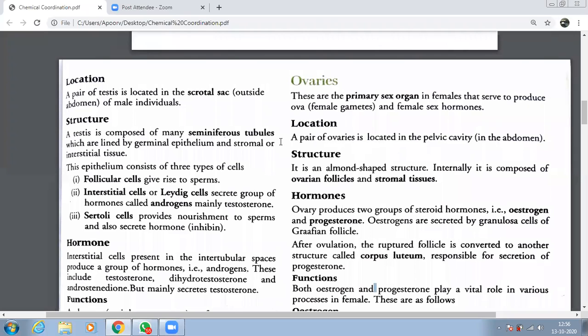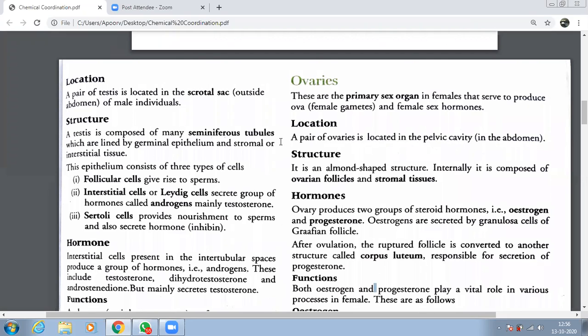After ovulation takes place, the follicle gets ruptured, it gets damaged, beta. So this damaged, leftover structure is what we call as corpus luteum.